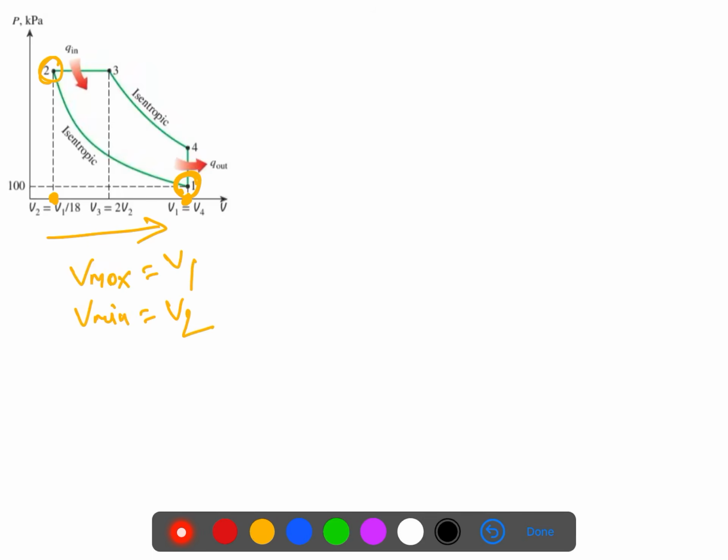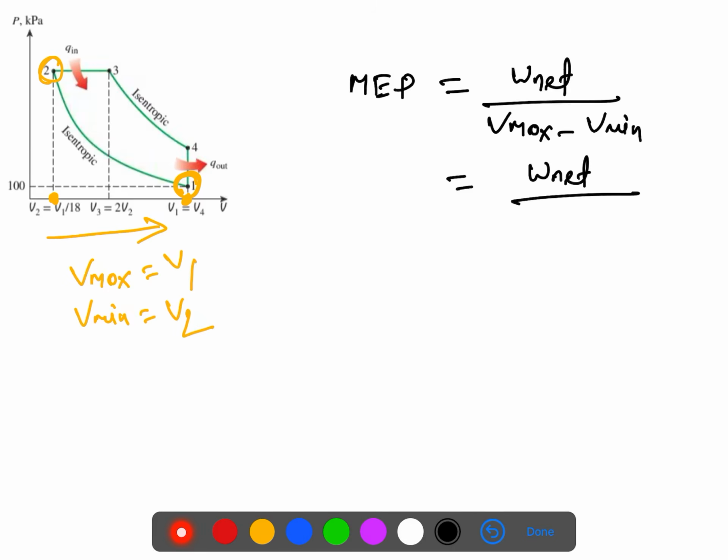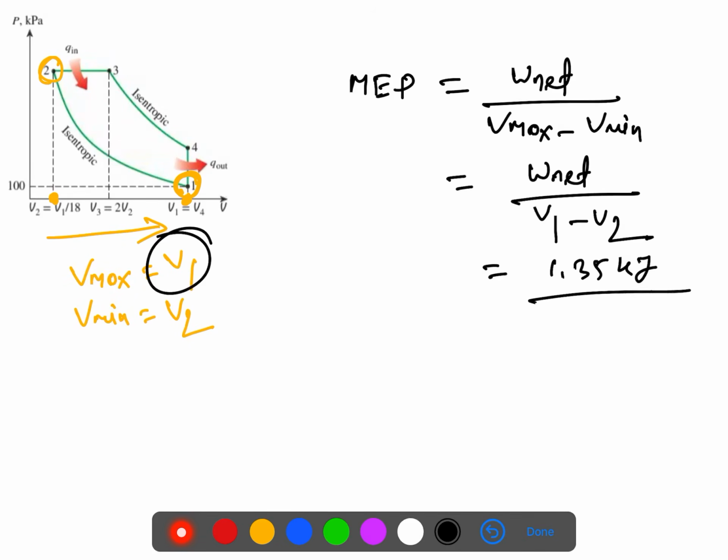So what do we know? The MEP, the mean effective pressure, is the net work done over Vmax minus Vmin. In other words, it is the net work output over V1 minus V2. So net work is 1.35 kilojoule, V1 is 1917 minus 106.5, and we'll convert it into meter cube.